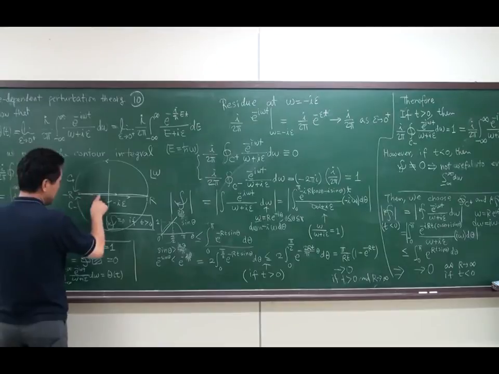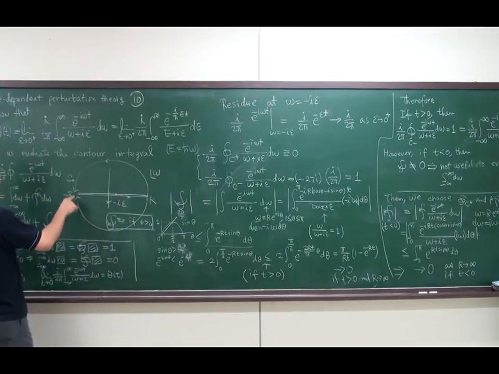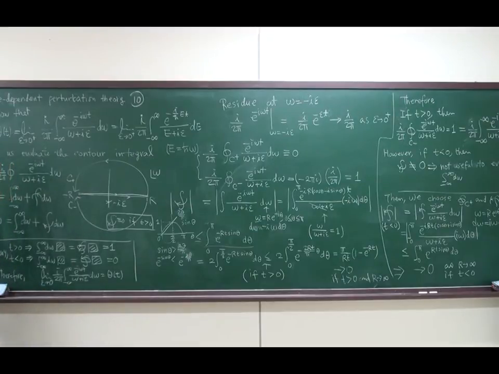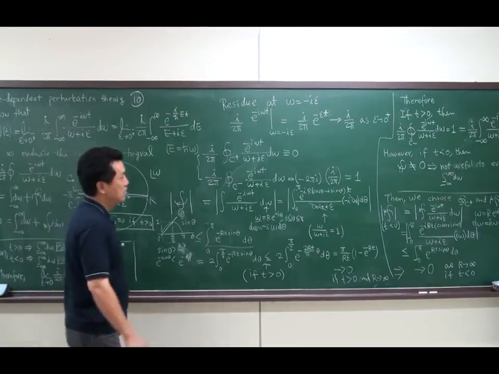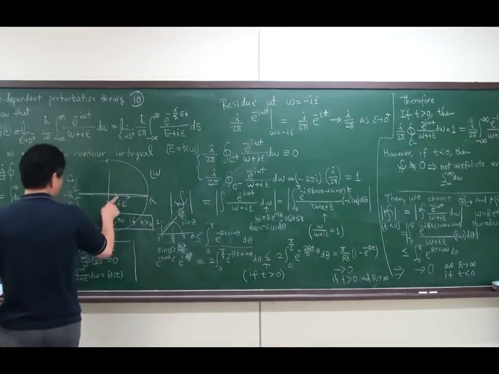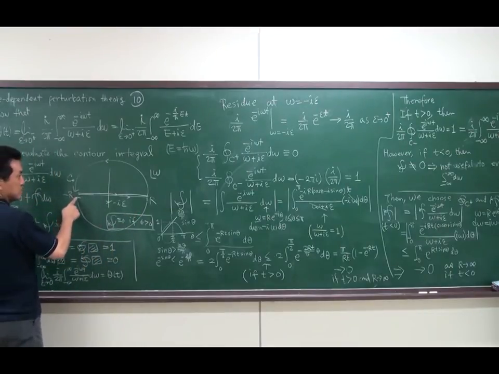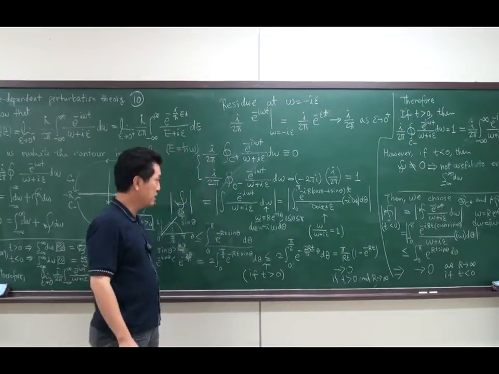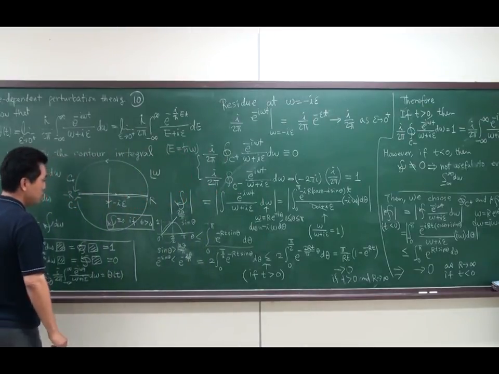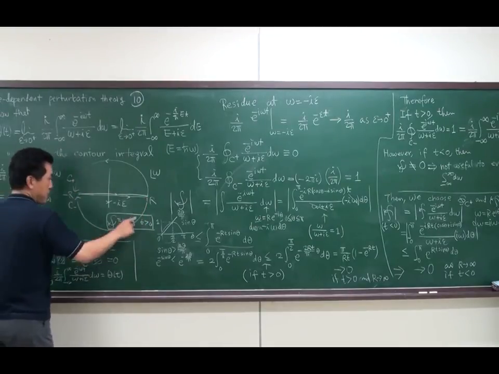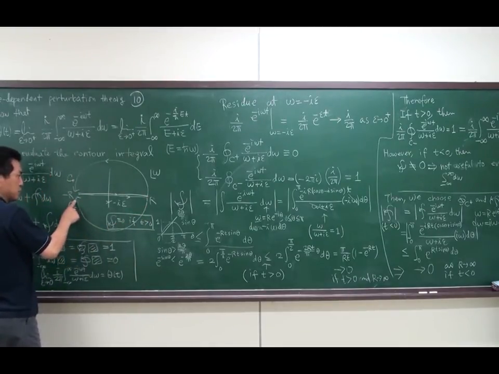So that means this whole contour integral is the same as the integral from minus infinity to infinity. And what is that value? That was 1. The contour integral along the C minus was 1, regardless of whether t is positive or negative. But only when t is positive, this semicircle integral vanishes.